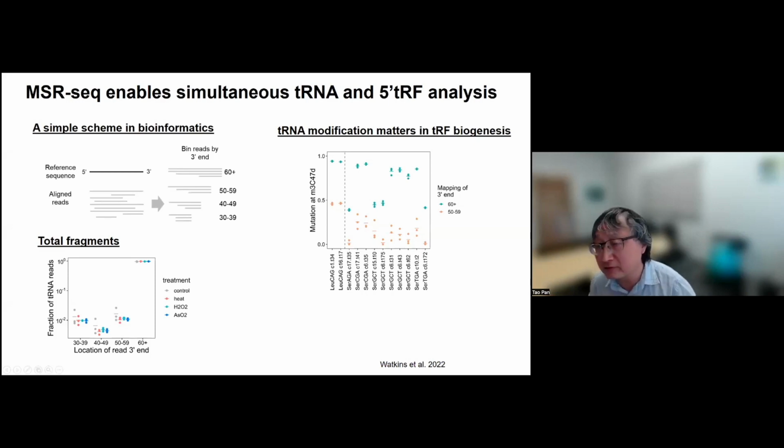And we can look at the mutation rate of the m3C position for the fragment tRNAs, those fragments with a cut in the T loop. This is noticed very clearly: you can see that the modification level of m3C in the fragment is far less than the modification level of the full-length tRNA. This immediately indicates that m3C 47D actually matters for tRNA fragment biogenesis.